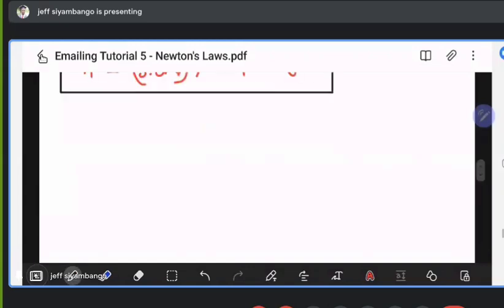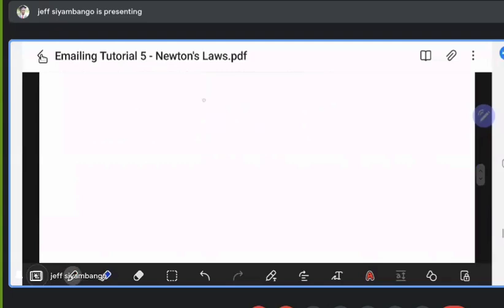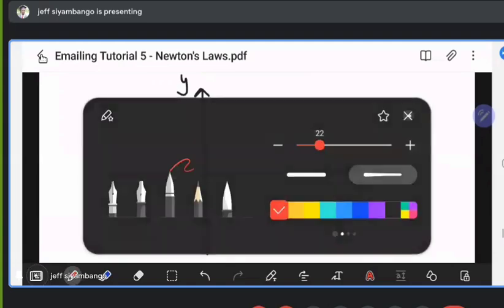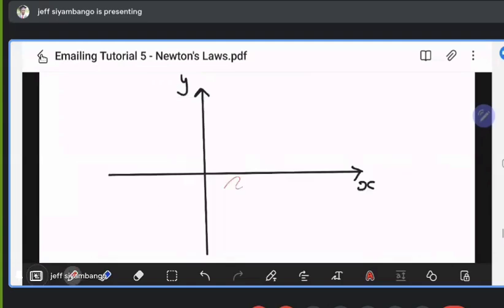Now, how does it work? Well, you look at the XY axis. In this case, you deal with a two-dimensional coordinate axis, with your Y-axis being here and your X-axis being here. Now, your X component is going to be the piece of the vector that runs along the x-axis.